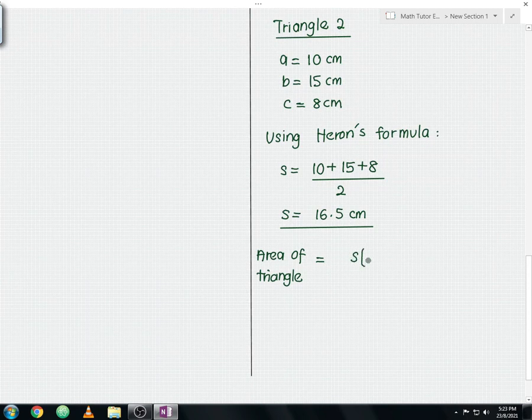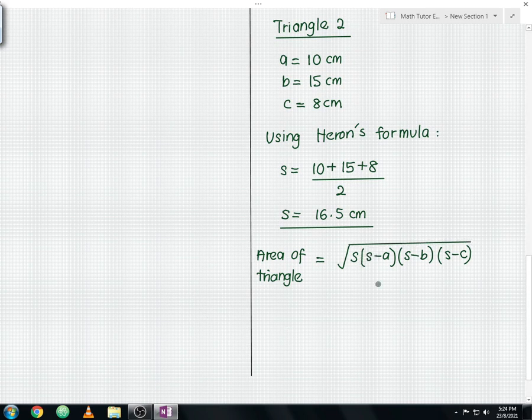S, and then you times S minus A, and then you times S minus B, and then you times S minus C. You times everything and at the end you should square root this. So that will be your working in order to find the area of a triangle using Heron's formula.